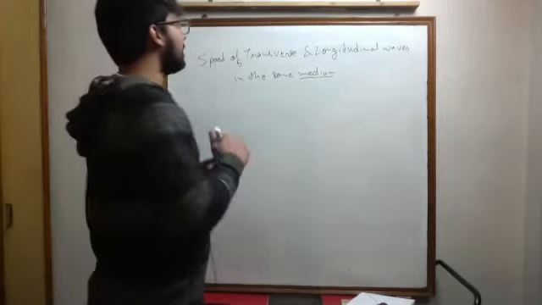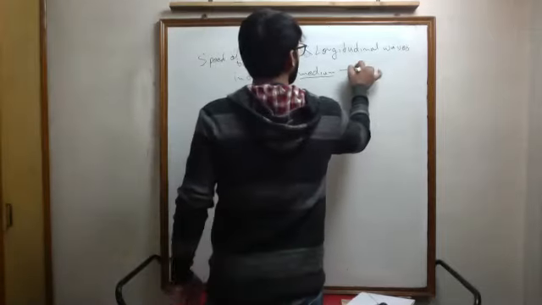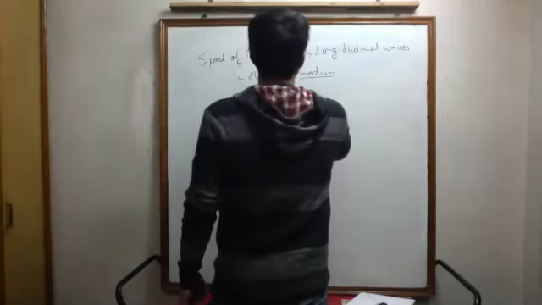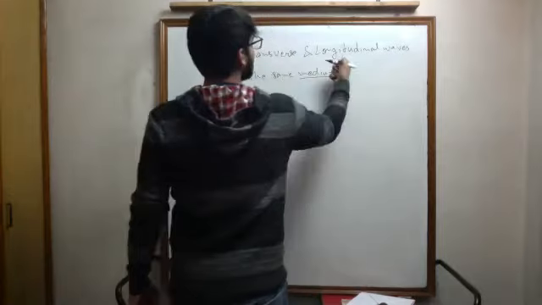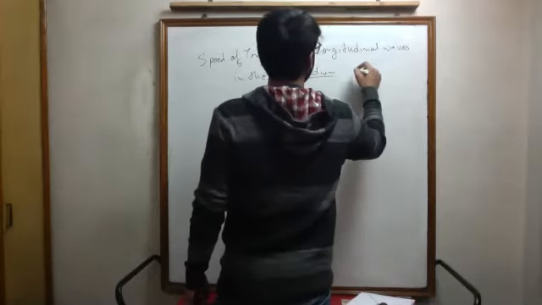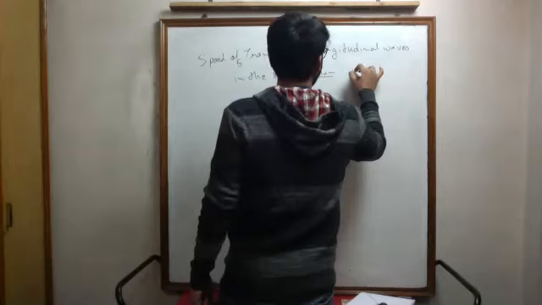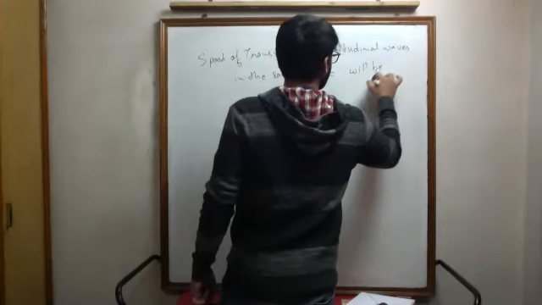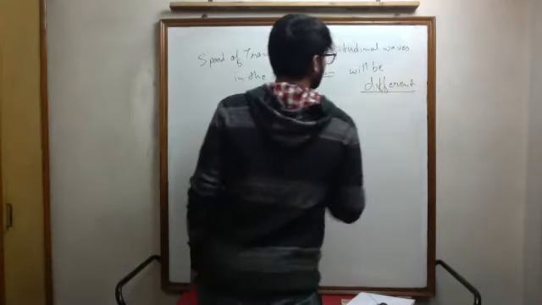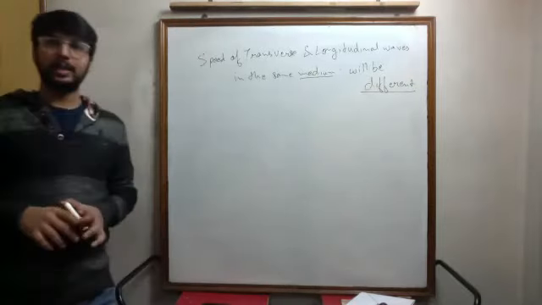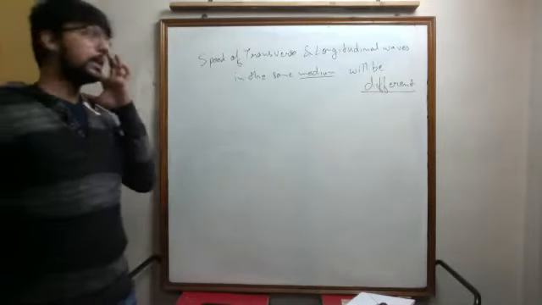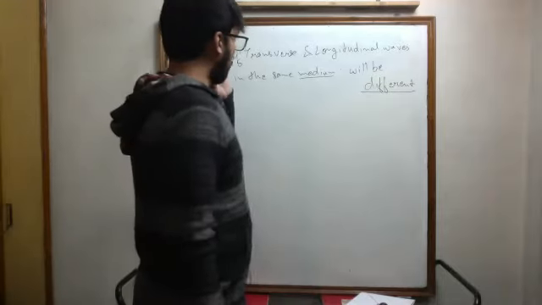But what you can see in both the cases is that they are not the same. The speeds of transverse and longitudinal waves in the same medium will be different. They will not be equal; they will be different from each other.